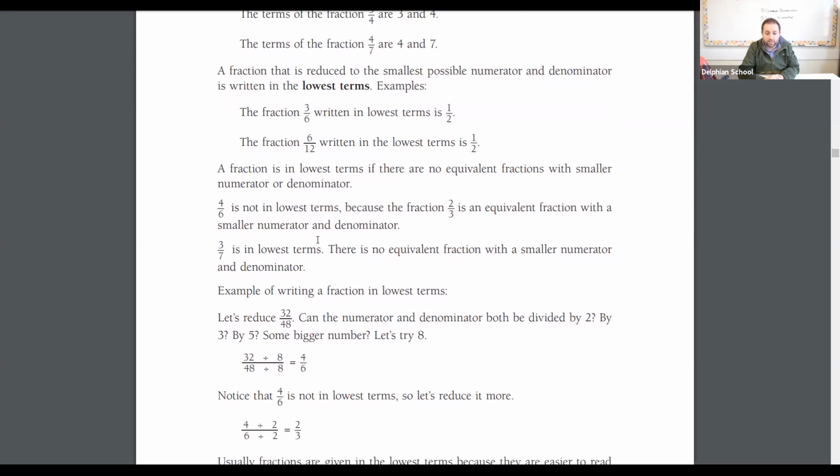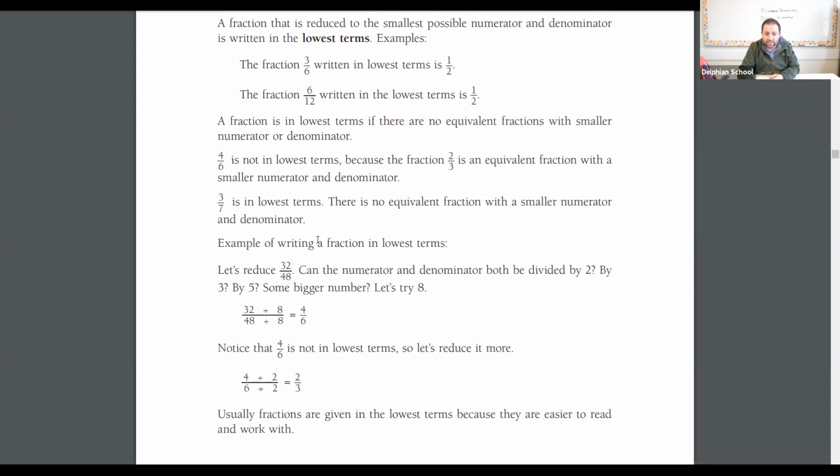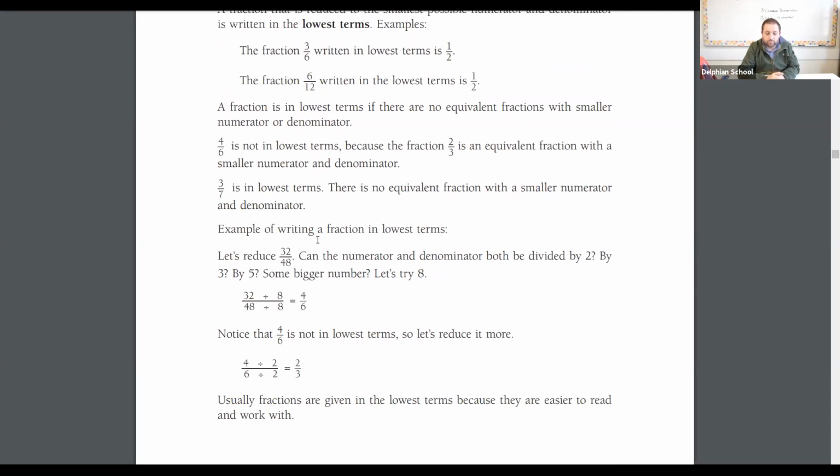That was a lot to take in, so I'll read that one more time. 4/6 is not in lowest terms because the fraction 2/3 is an equivalent fraction. So 4/6 and 2/3 are equivalent. They both equal the same amount, but 2/3 has a smaller numerator and denominator. 3/7 is in lowest terms because there's no equivalent fraction with a smaller numerator and denominator.